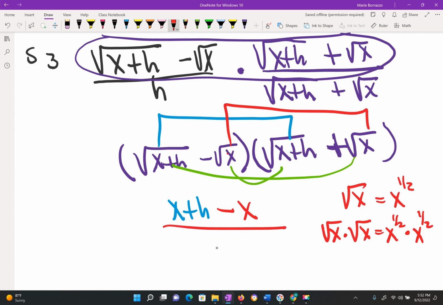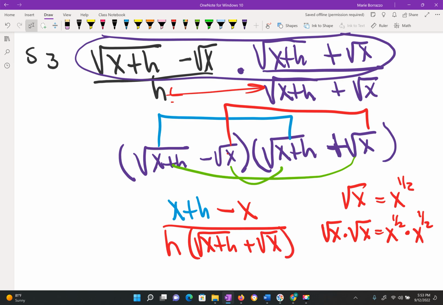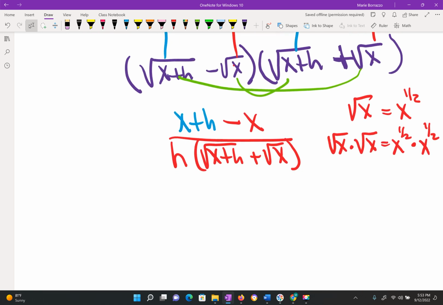And now we're going to multiply these two together. So that's going to leave us with h times the parentheses, the square root of x plus h plus the square root of x. And that is our current denominator. Okay, remember that in this case, the x's are going to cancel.